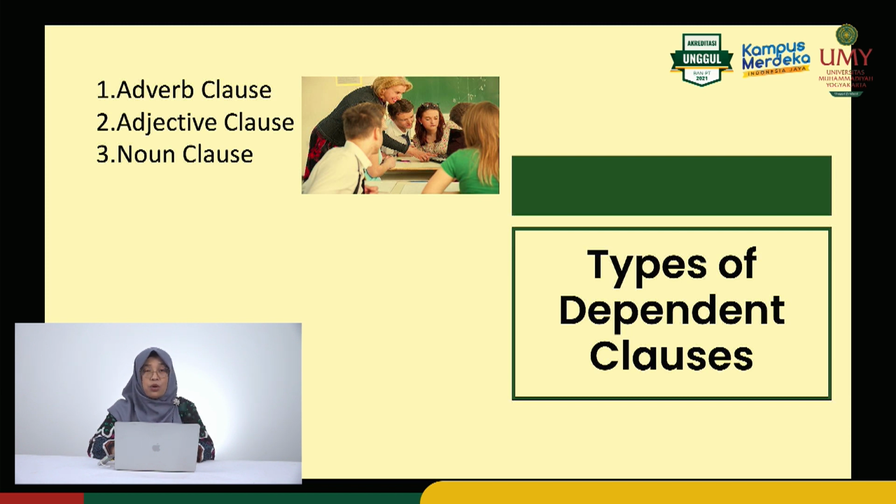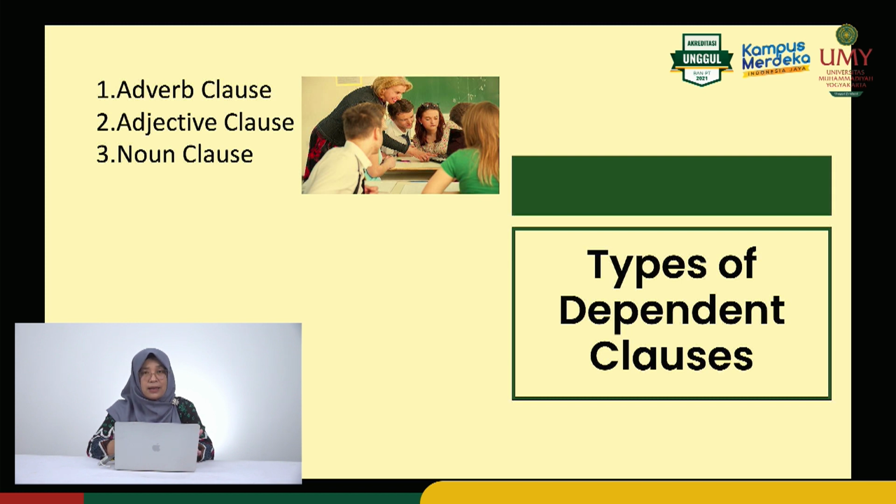We are going to talk later about the connectors that are suitable for these types of dependent clause. So there will be connectors that only suit adverb clause, and there are also connectors that only suit adjective clause, and there are also connectors that are only suitable for noun clause. So those are the types of the dependent clause.